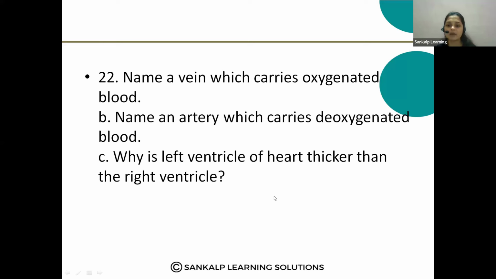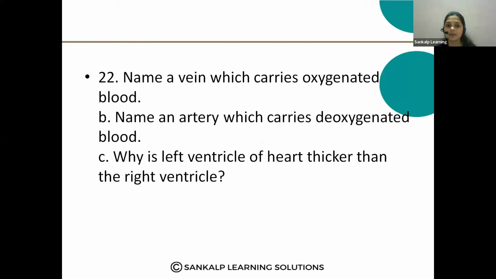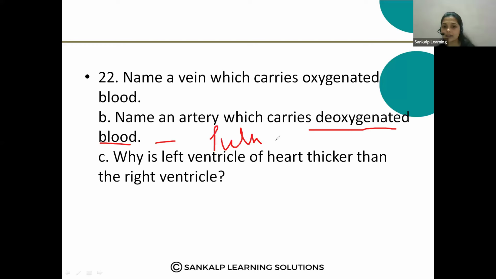Okay, so first one, name the vein which carries the oxygenated blood. That we have already discussed. That is the pulmonary vein. Second, name the artery which carries the deoxygenated blood. I just told you. What is that? Pulmonary artery. Yes, that is the correct answer. Why is the left ventricle of the heart thicker than the right ventricle?